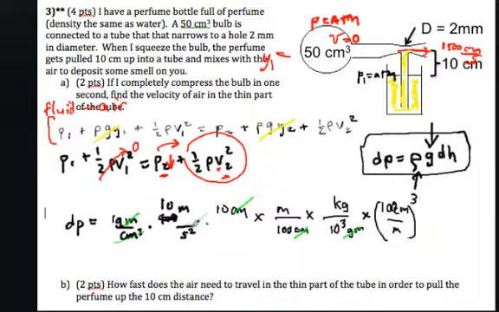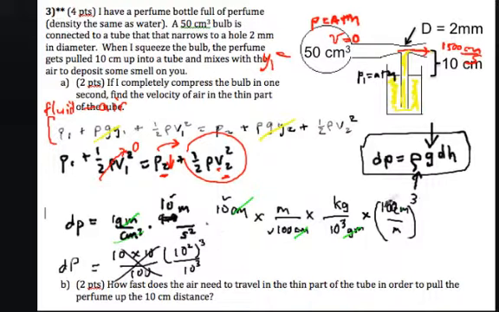Then we're left with the delta pressure, so I'll collect all these terms. We have 10 times 10 divided by 100. Okay, that drops out. Then we have 10 squared to the third power divided by 10 to the third. That's this one here, 10 squared to the third power over here, divided by 10 to the third over there.